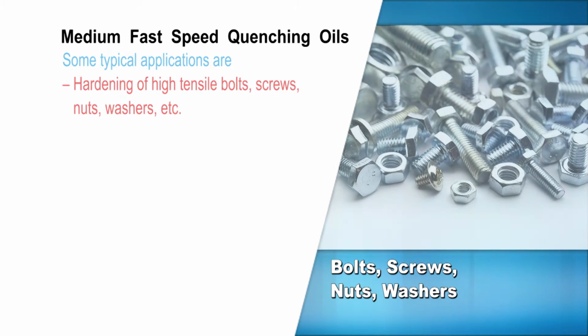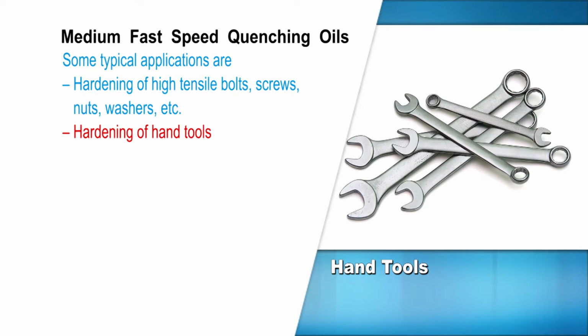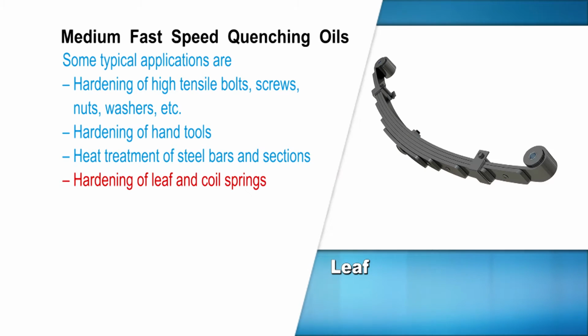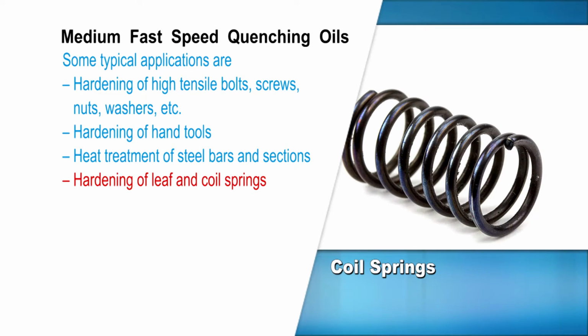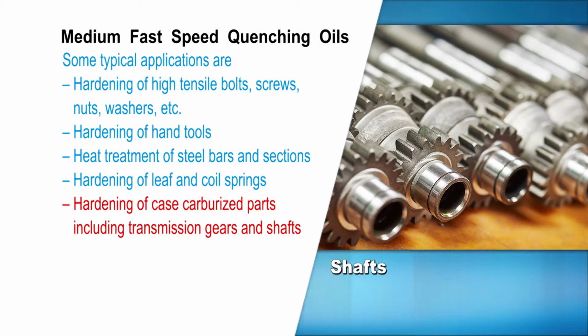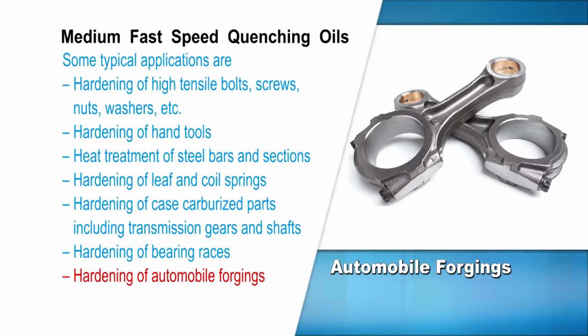They are hardening of high tensile bolts, screws, nuts, washers, etc., hardening of hand tools, heat treatment of steel bars and sections, hardening of leaf and coil springs, hardening of case carburized parts including transmission gears and shafts, hardening of bearing races, hardening of automobile forgings.